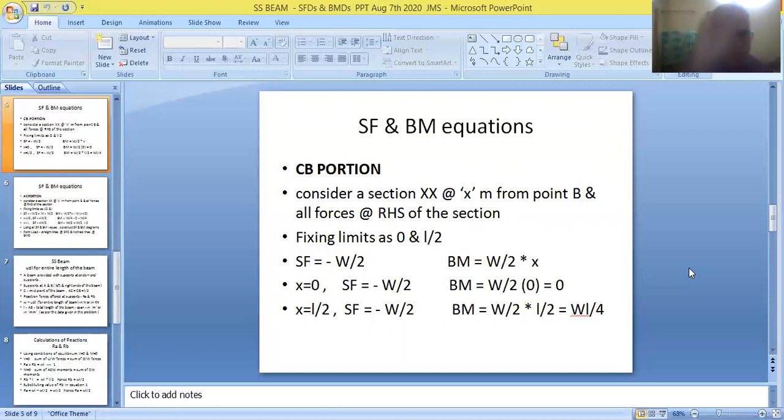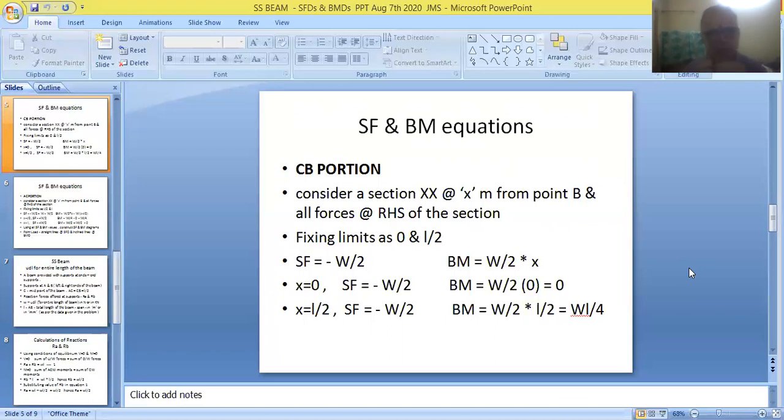And we have already fixed the limits for this portion. Lower limit is fixed as 0 and upper limit will be fixed as L by 2. And making all these arrangements, friends, we can write SF and BM equations.